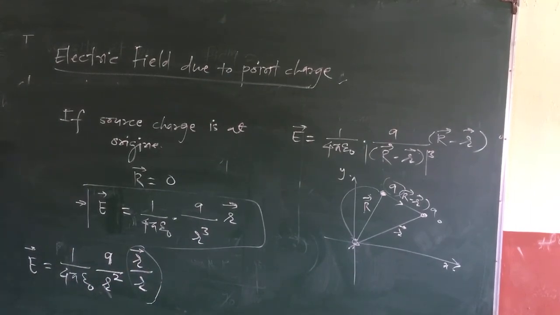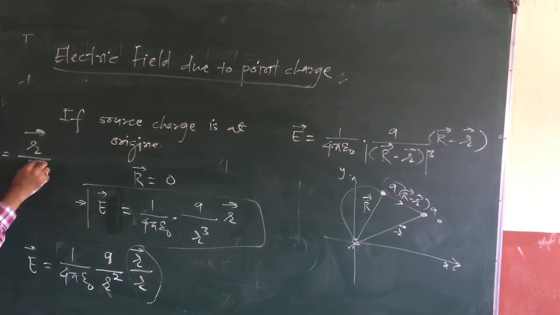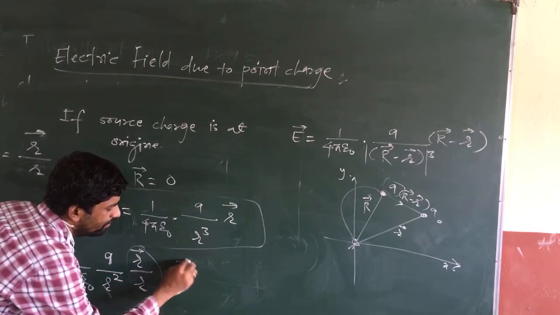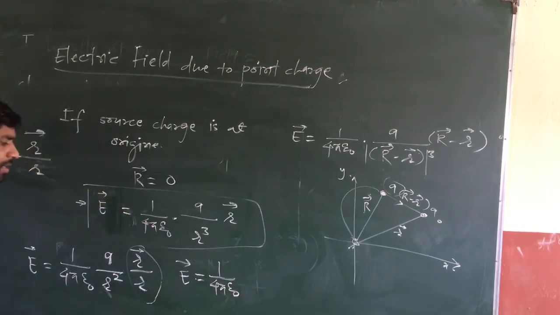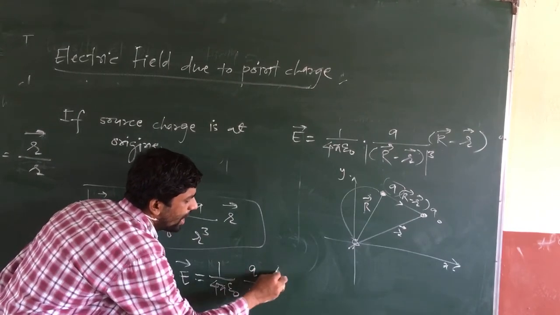The unit vector r cap is given as the r vector divided by the magnitude of the r vector. Magnitude means only r, no vector sign. So here we substitute the unit vector. So what is the electric field? E is equal to 1 upon 4 pi epsilon naught, Q divided by r square, into r cap.